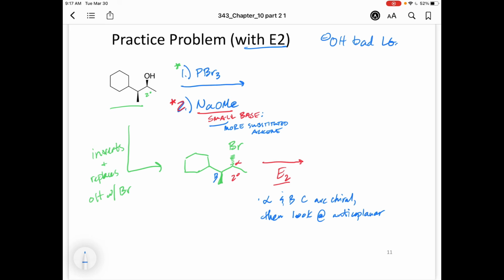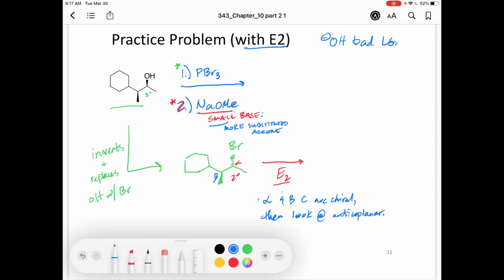And this is because it could give you a specific type of alkene. And so when we look at this, our alpha and beta carbon are chiral. So what we need to do is reorient this molecule to have our proton and our leaving group anti-coplanar to each other. So let's rotate this.